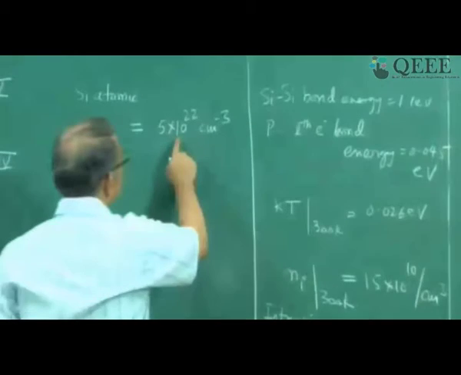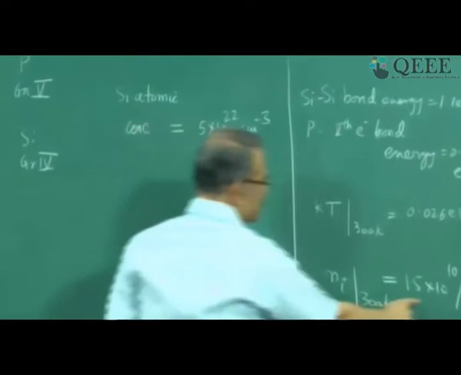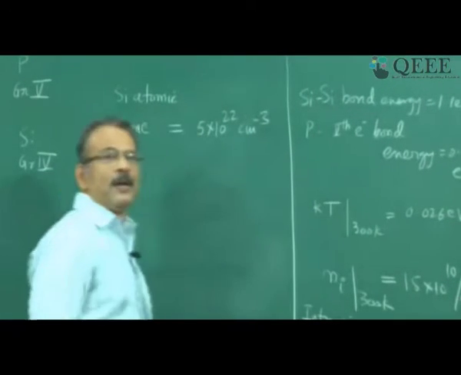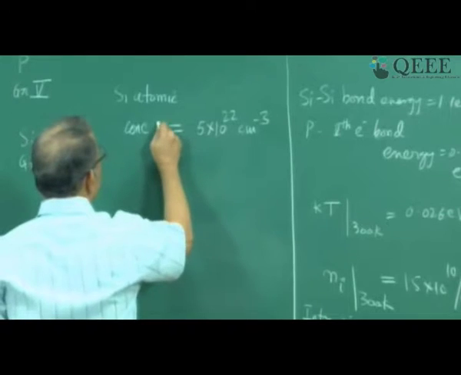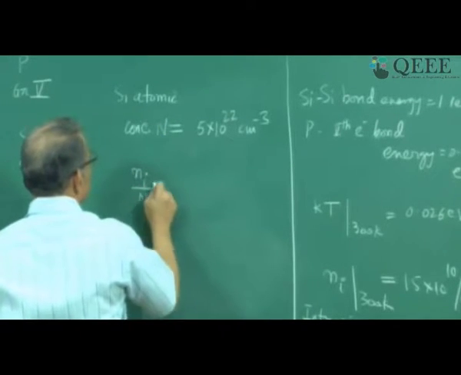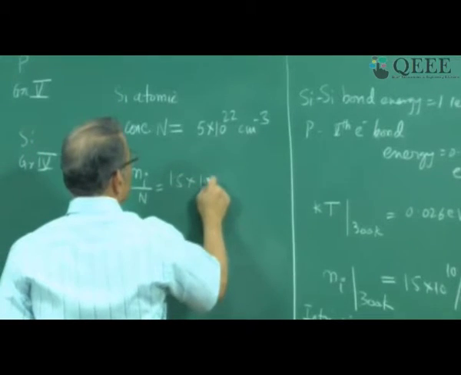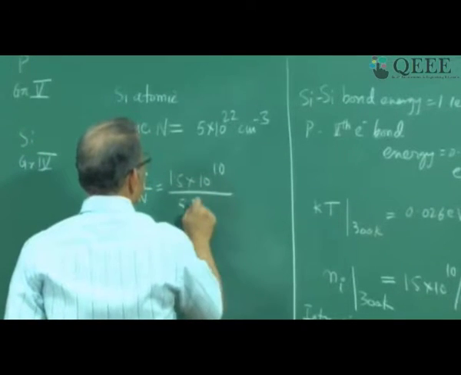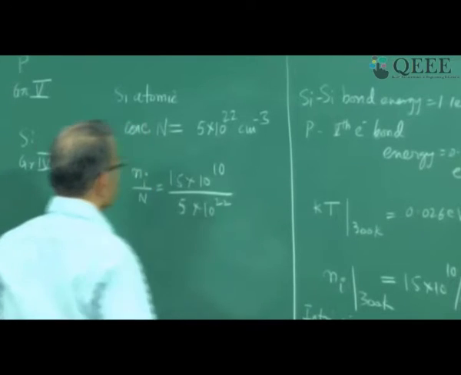Now compare this 5 into 10 power 22 with this number 1.5 into 10 power 10. If I take the ratio, let us call this capital N, Ni by N will be 1.5 into 10 power 10 by 5 into 10 power 22.